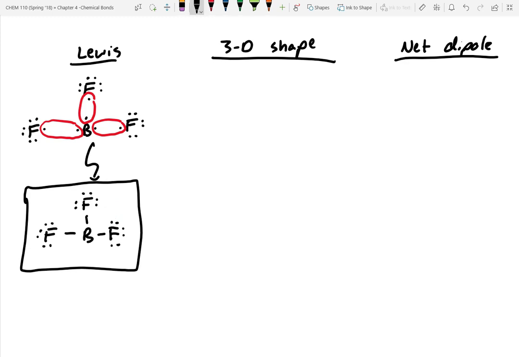So if we think about the three-dimensional shape, it'd be better to have those fluorines evenly spaced around the boron, right? That way we can maximize the distance between electrons and keep this at 120 degrees. What's the geometry of this? What's the overall shape described as? Trigonal planar.